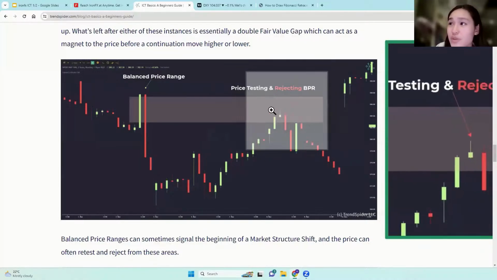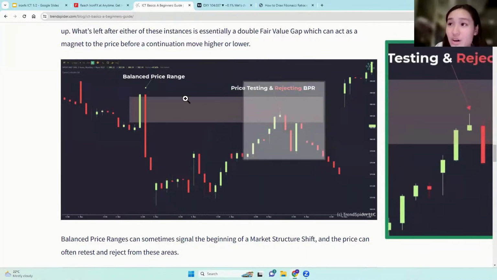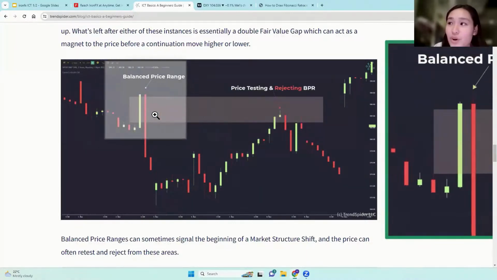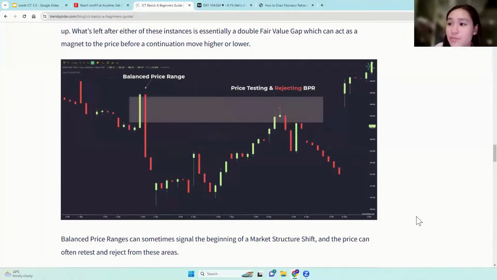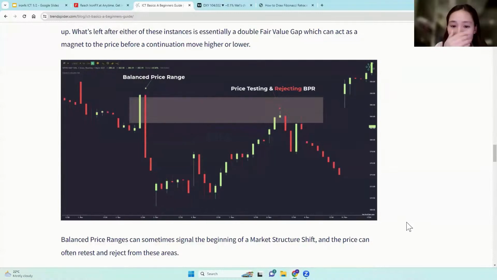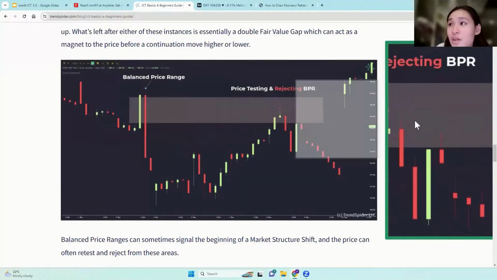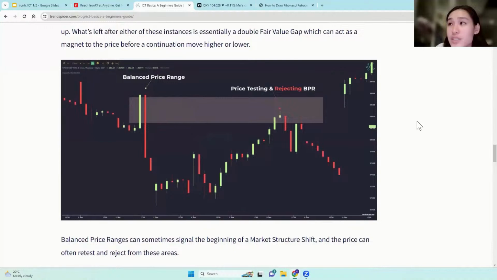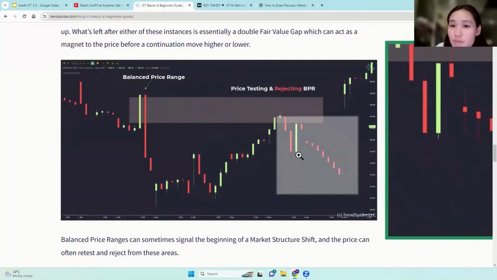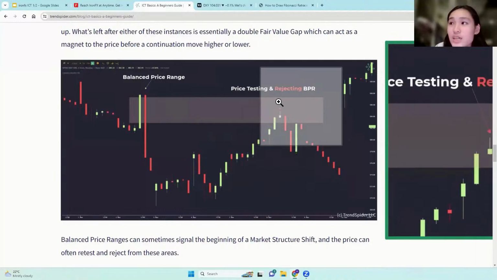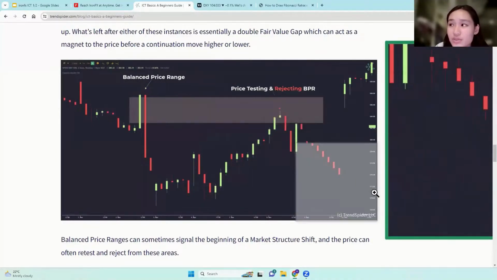It's where price reverses off the same resistance level as before. The reason we highlight this entire area is that we see price being attracted to such areas and then reversing off of them.